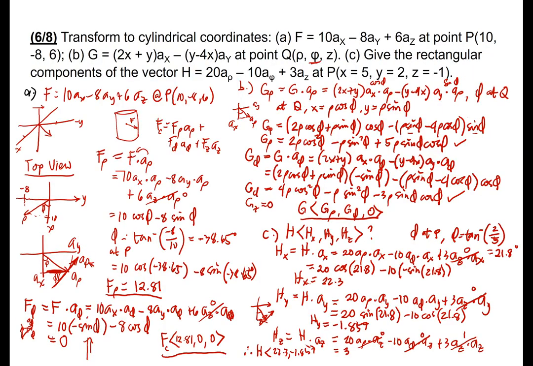I will just rewrite this to make it a bit clearer: 3 is the z component. So negative 1.857, and then for your gh, the magnitude of your g-axis is this one. So we're done with our problem number 6.